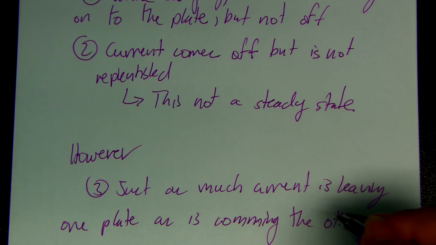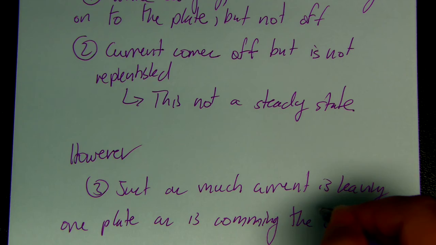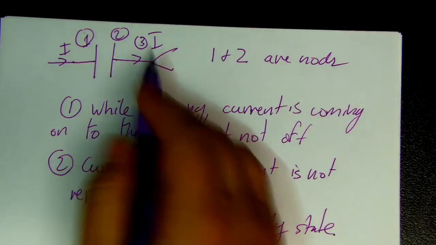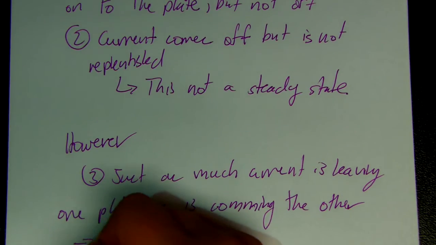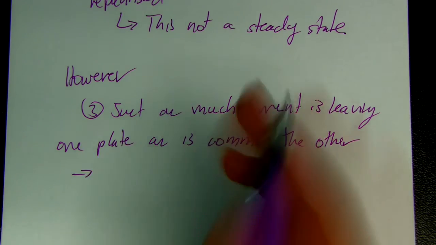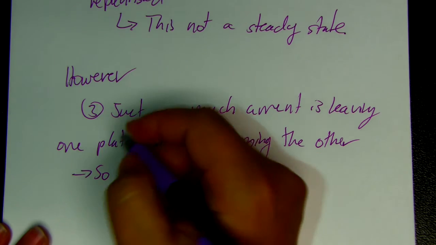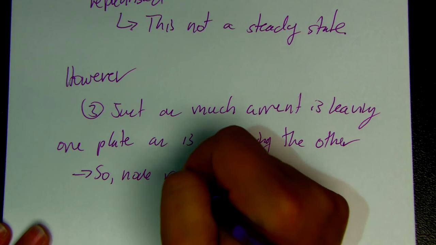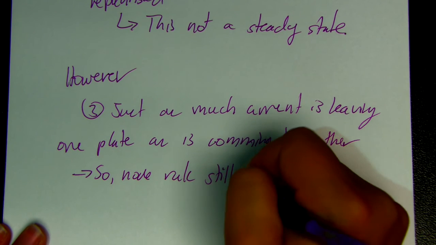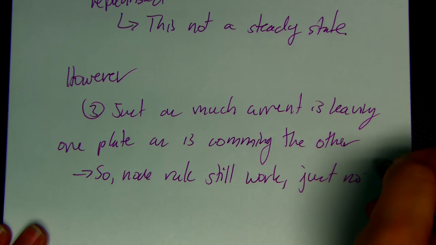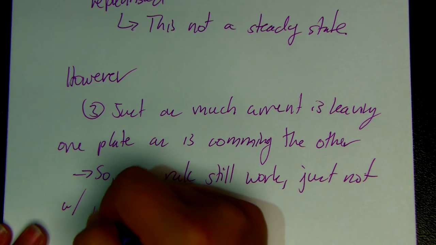I mean, we do have a quasi-steady state. So you can still use current node rule elsewhere in the circuit, just not on the plates. And of course, you need to look at a small chunk of time because the current is gradually changing. So node rule still works, just not with plates.